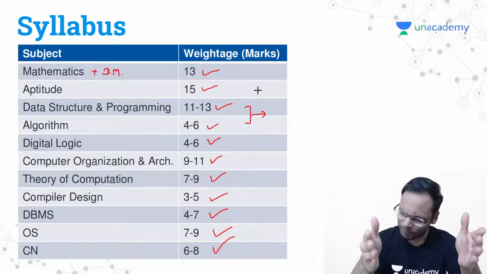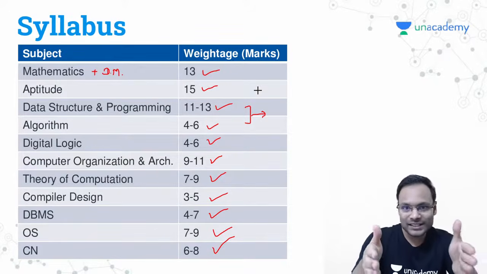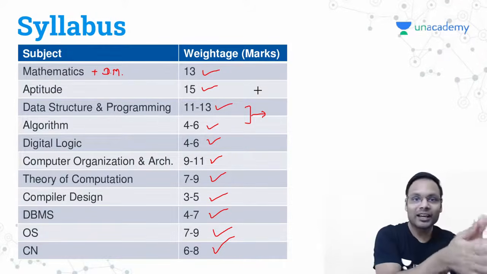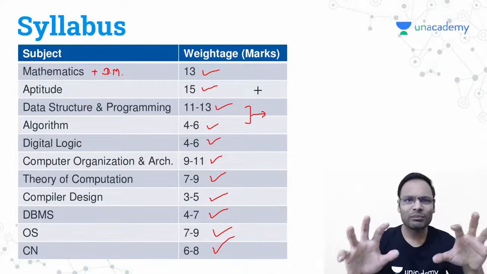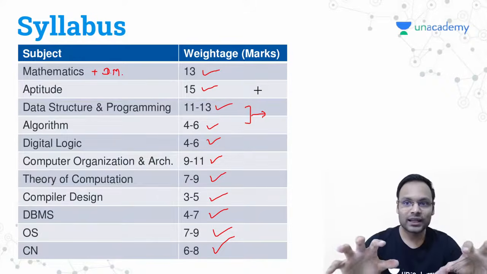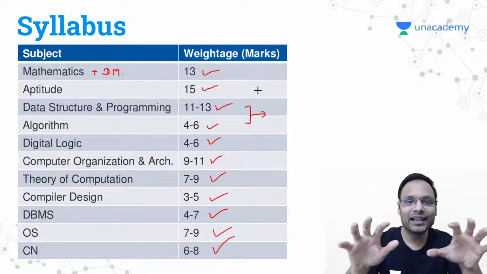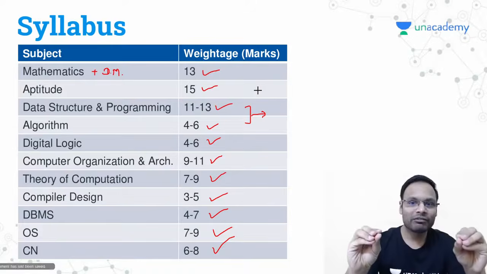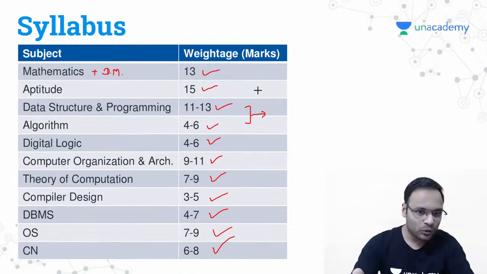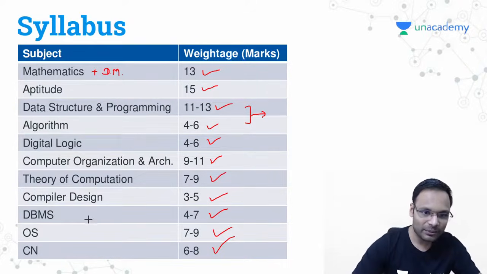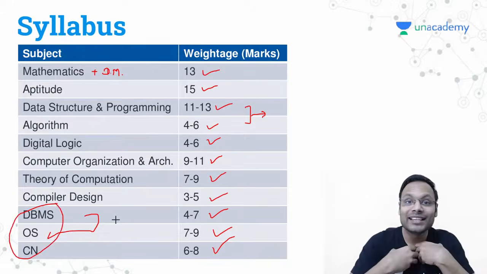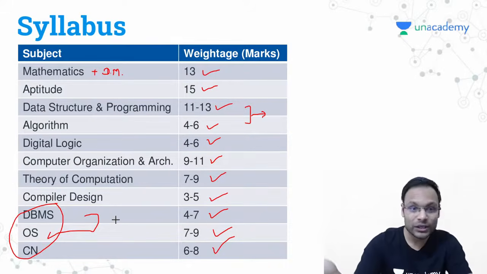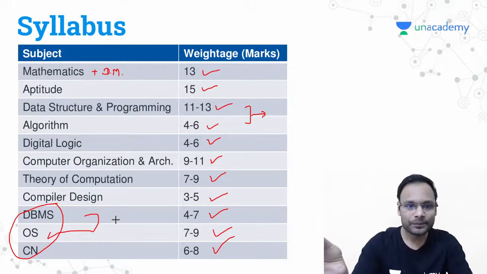So you need to plan courses in such a way that you finish higher weightage courses first, and among courses having almost equal marks, like operating system and DBMS, or the last 3 courses having almost the same weightage, we can go with the course which we find easier. Let's say DBMS is easy, sir, OS is easy, sir, CN is easy, sir.